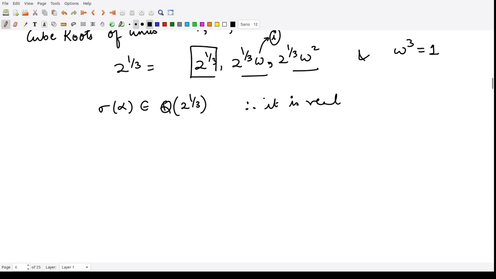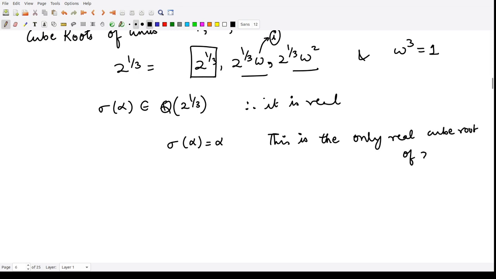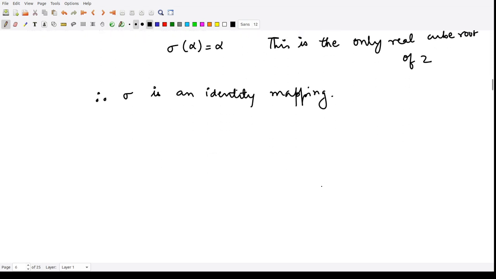So the only real number is 2 to the power 1 by 3, therefore we only have sigma of alpha equal to alpha, because this is the only real cube root of 2. Therefore, the mapping sigma is an identity mapping. Therefore, we say the mapping is trivial.